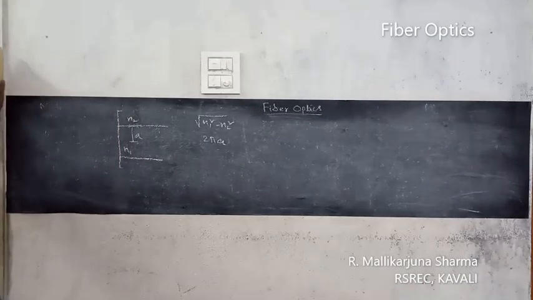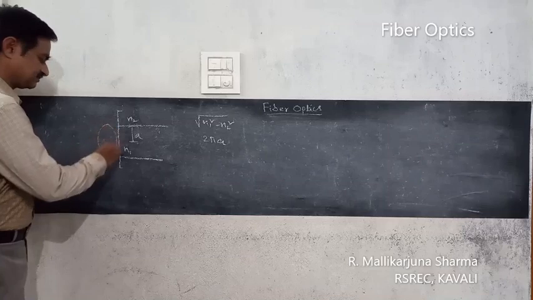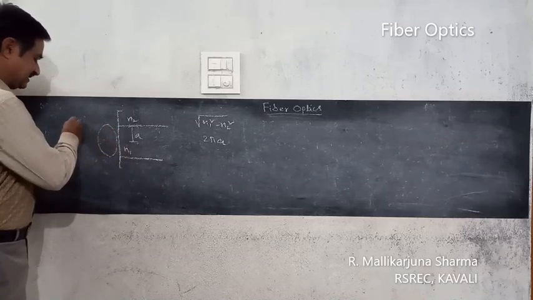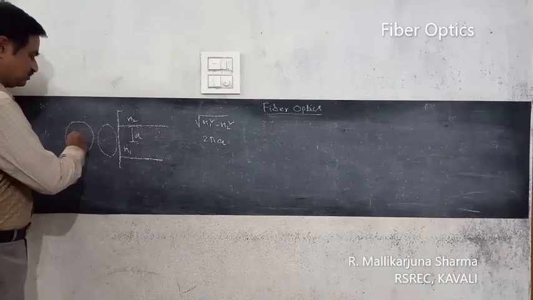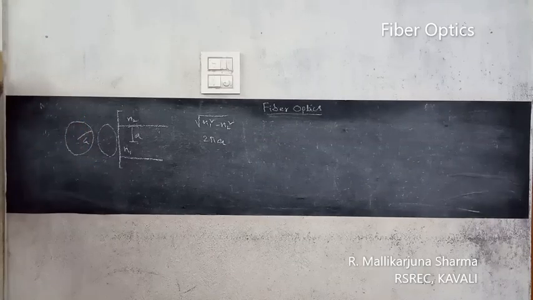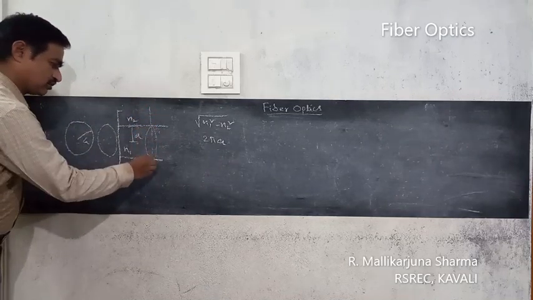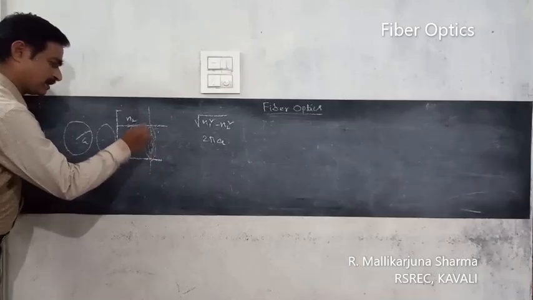If we draw the structure like this, it is 2 pi a. Then how many modes are going to be propagated? If we take a cross section, these are going to be propagated, these are going to be propagated.